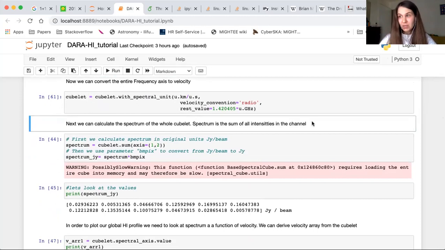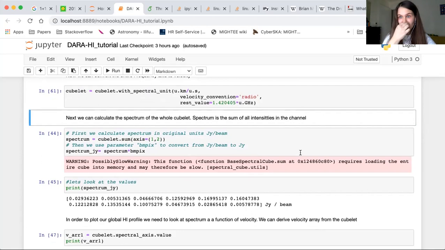Next, we can calculate the spectrum of our data. What is the spectrum? The spectrum is the sum of all pixel values within each channel, and we present it as a function of velocity, so in each channel, what is the intensity of the sum of all pixels.